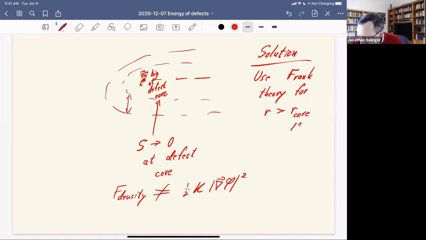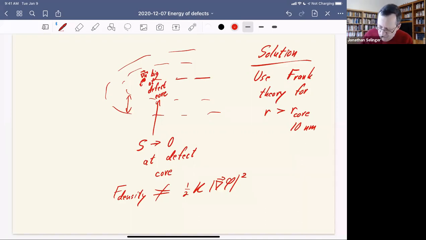So this would be something like a molecular length scale, something like 10 nanometers, say. And say, so we'll use the Frank theory for distances greater than 10 nanometers. But for distances less than 10 nanometers, we'll say, well, we don't really know what the free energy is, but it's something, we'll just call it a constant core energy for the defect.